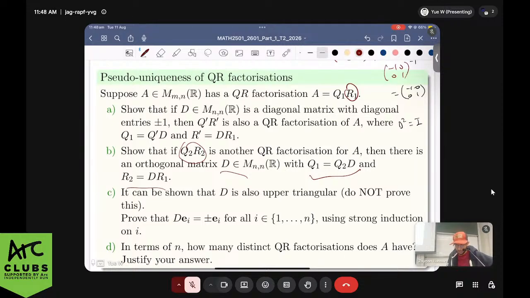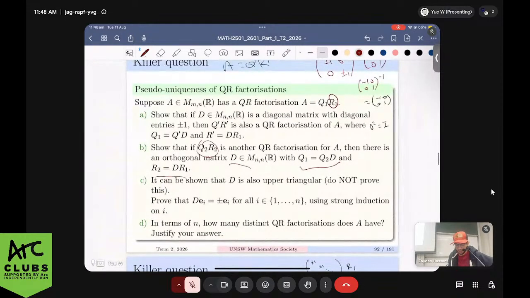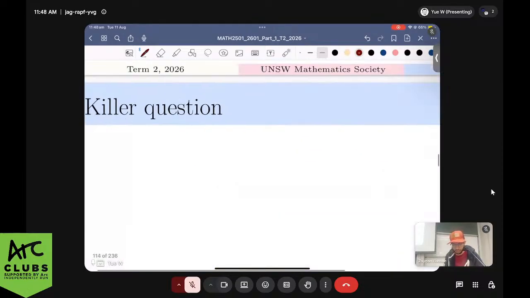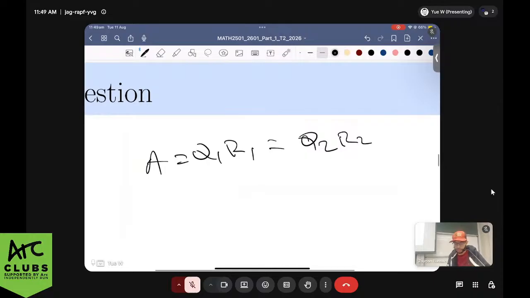So how do we do this? If Q2 R2 is another QR factorization, then first of all, we know A equals Q1 R1, and we also know A equals Q2 R2. What are we trying to show again?